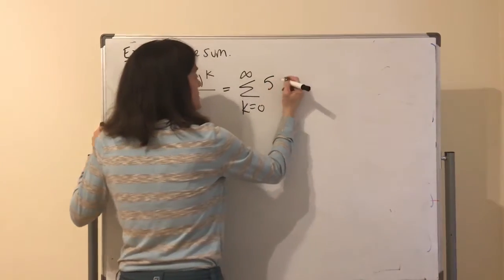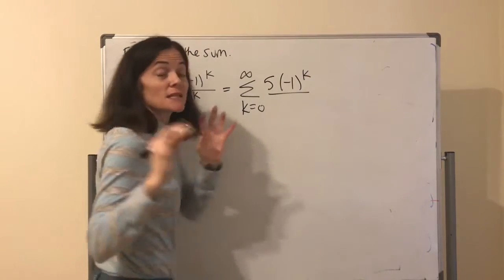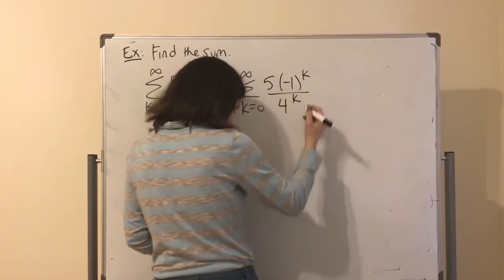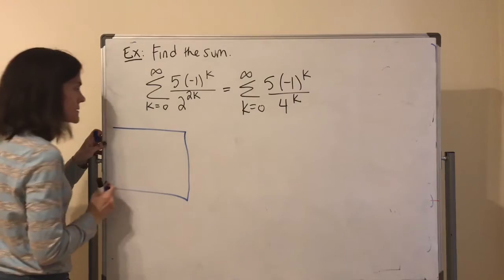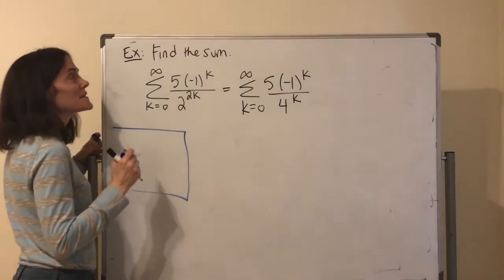So you see there's a 5. This part I'll leave alone for the moment. 2 to the 2k is 4 to the k, right? We use properties of exponents a lot when we work with series.